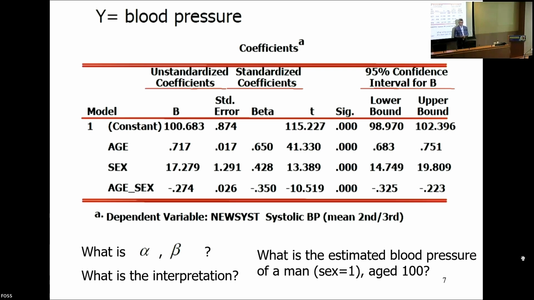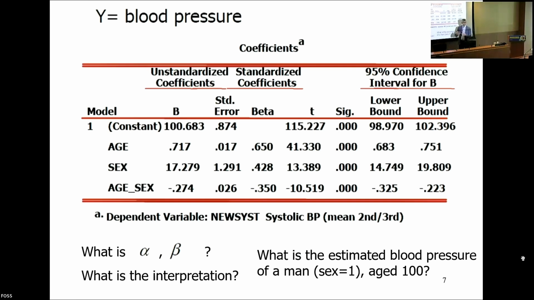So usually we would center age around the mean. So when mean age is 0, you have a systolic blood pressure of 100. And sex, I think sex equals 1 is man, so sex equals 0 is women. So this is the systolic blood pressure of a woman of potentially average age.